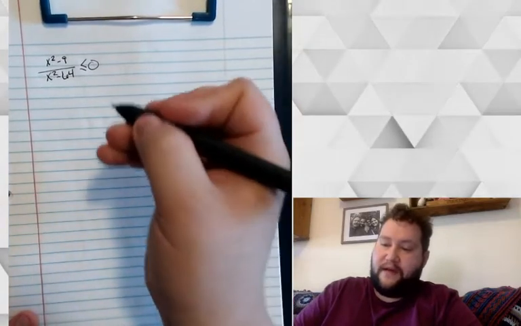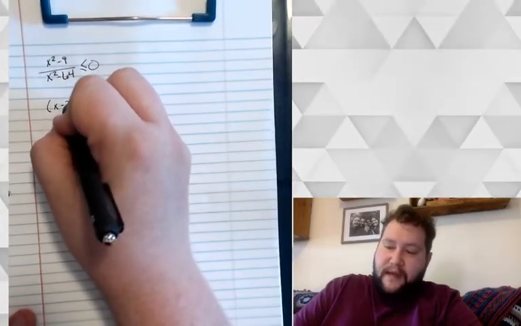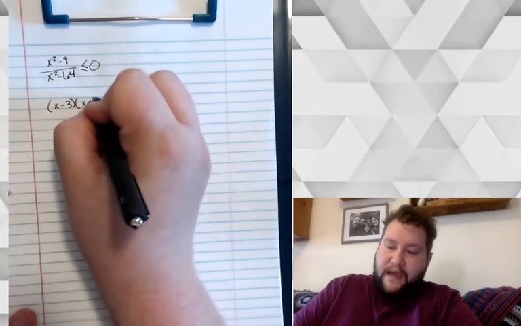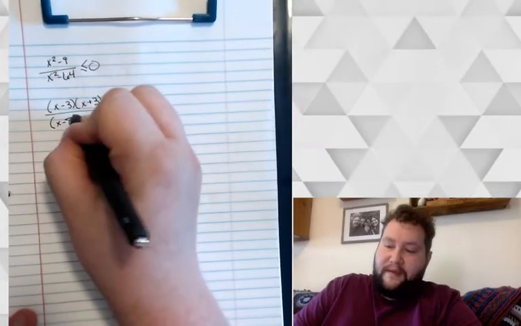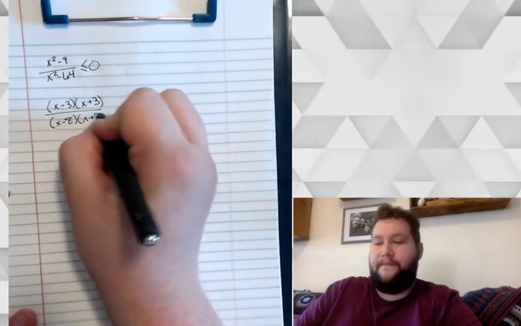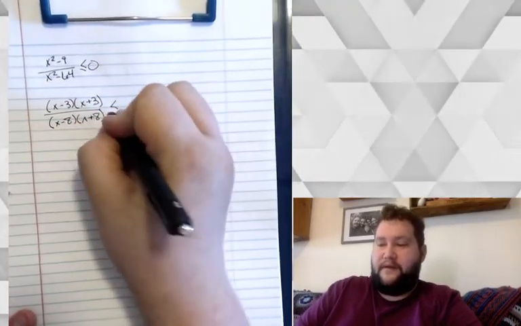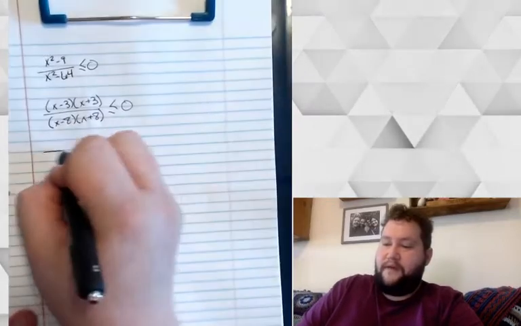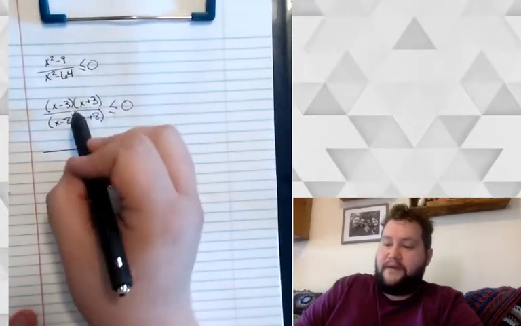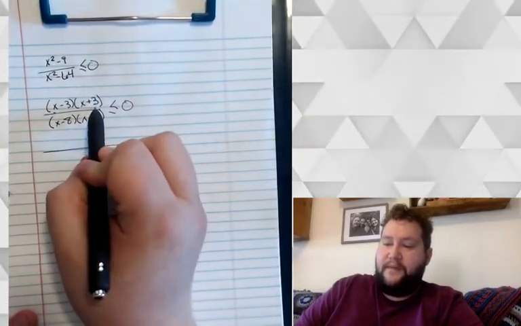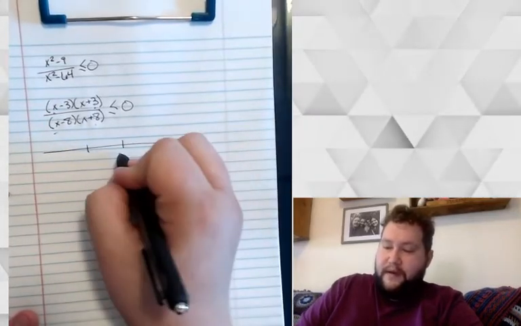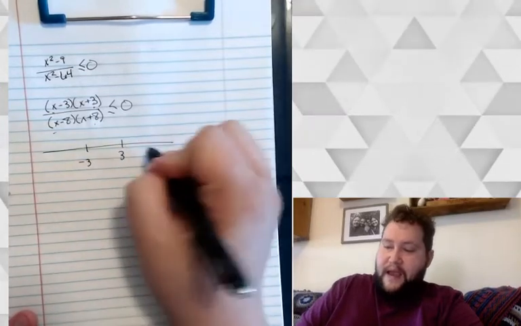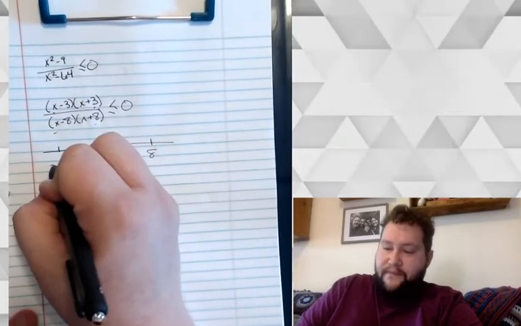And then we have to factor. x squared minus 9 factors into x minus 3, x plus 3, and x squared minus 64 factors into x minus 8, x plus 8, less than or equal to 0. We'll plot our zeros. So we have positive 3, negative 3, positive 8, negative 8.